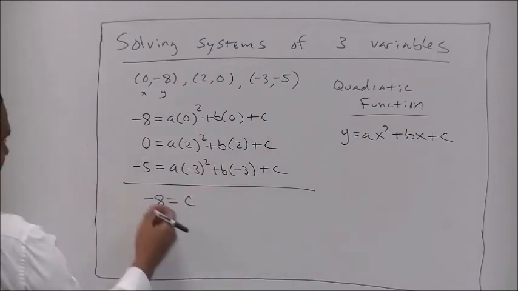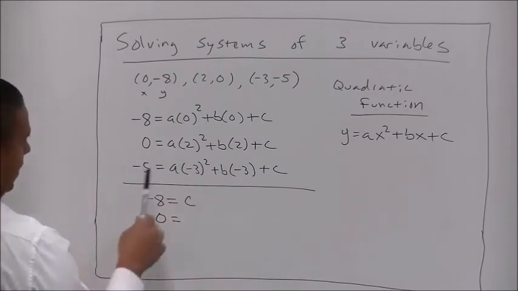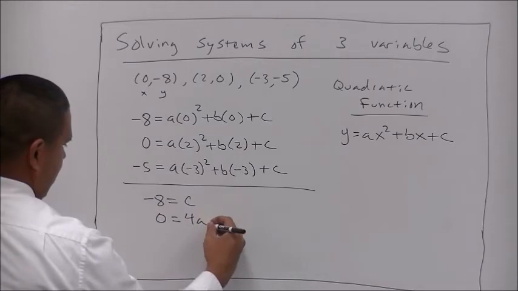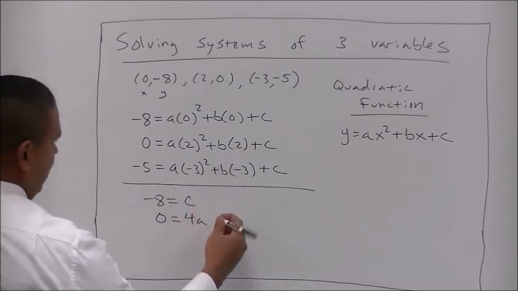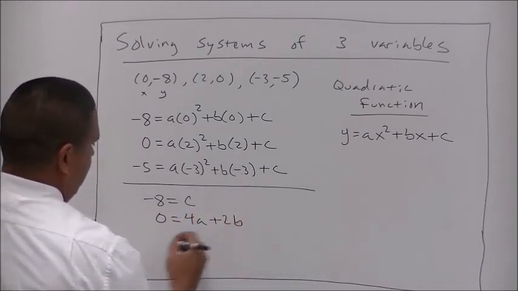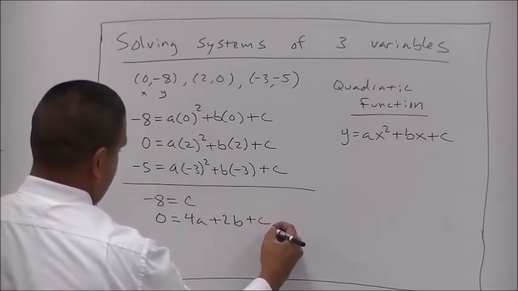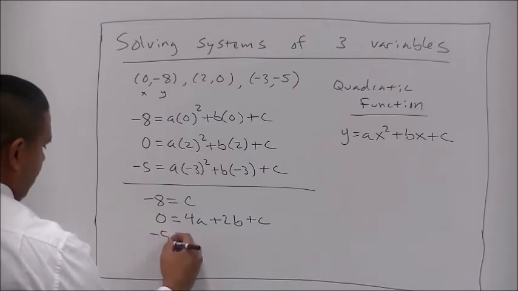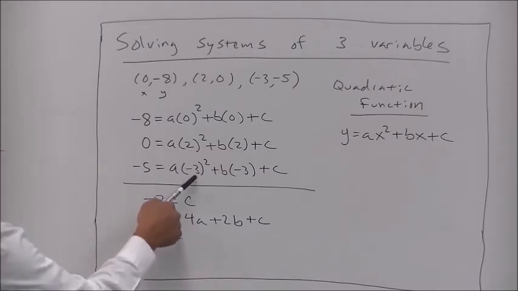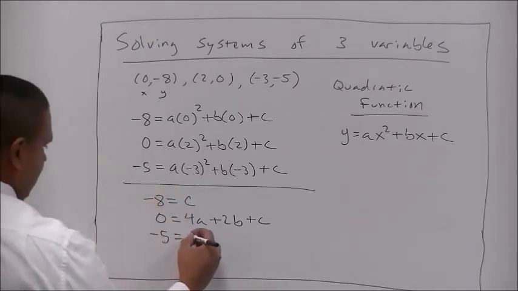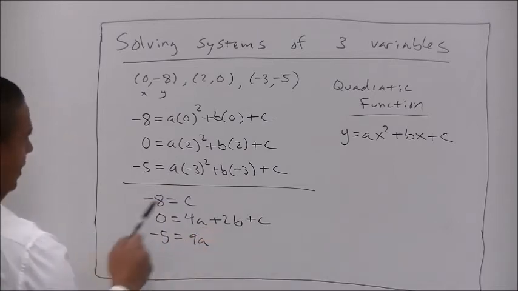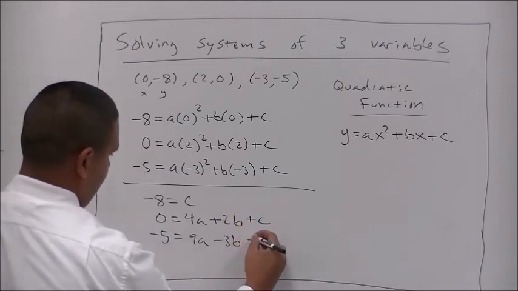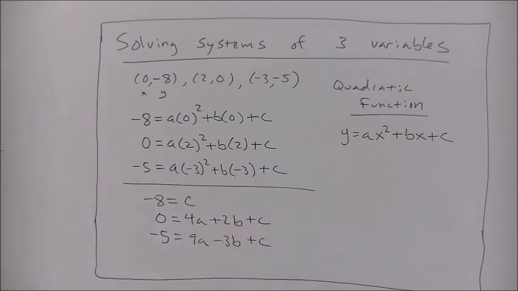Go ahead and simplify the second one. 2 squared is 4. 0 equals 4a plus 2b plus c. And simplify that third one. -5 equals 9a minus 3b plus c. All right, progress.